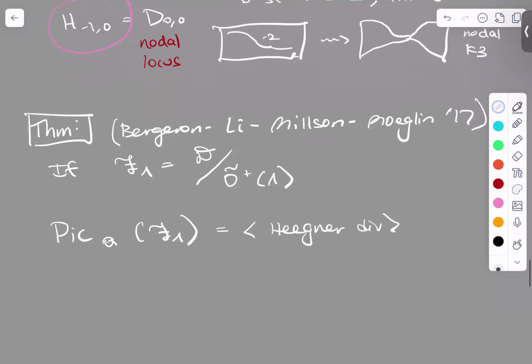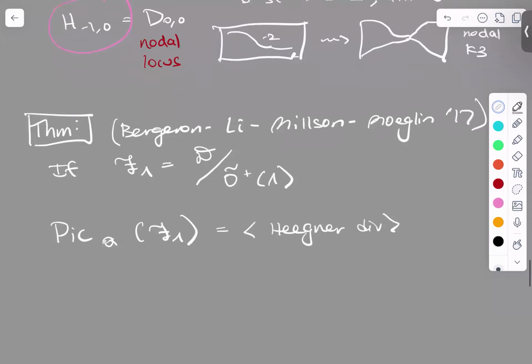And the proof relies on the connection between Heegner divisors and vector-valued modular forms. The idea of this proof, since I'm very short on time, is this theorem.